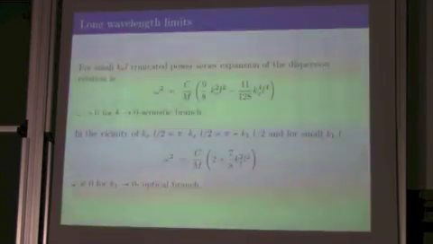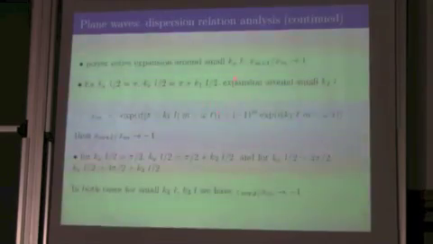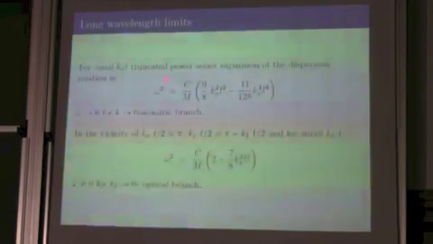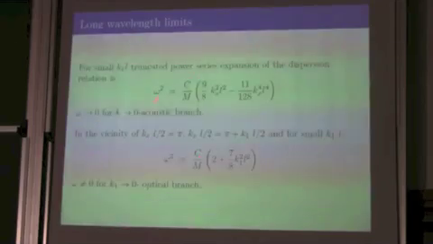So the general dispersion relation for this case of small k may be written in the form of the truncated power series expansion. And for the other cases, again, we can obtain the power series approximations, but of course for a different case.